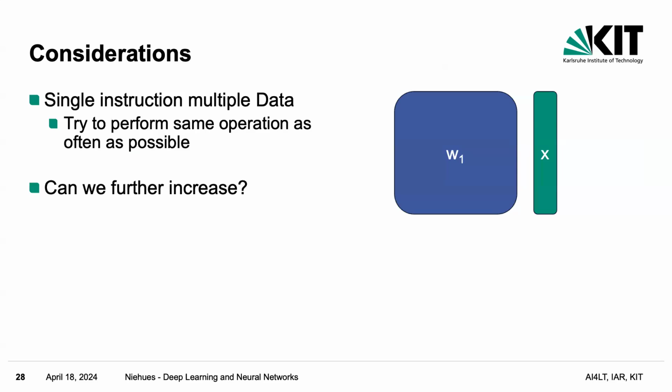So if you look at that, the question is, can we even increase the number of same operations that we can do? Does anybody already have an idea how you could make things even more parallel than this? So you take one input, you multiply it with your weight matrix, and that's your output.